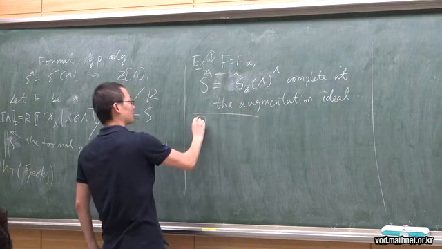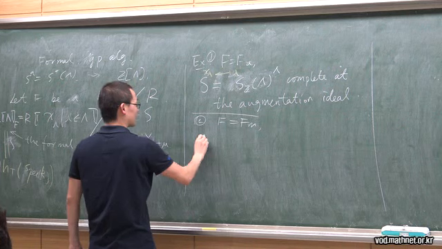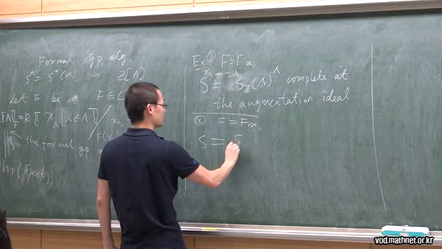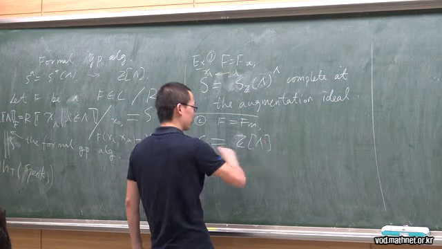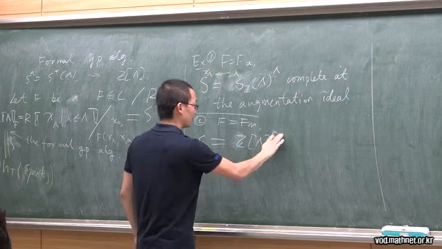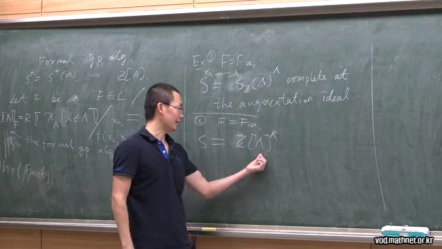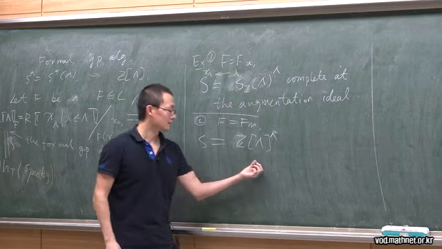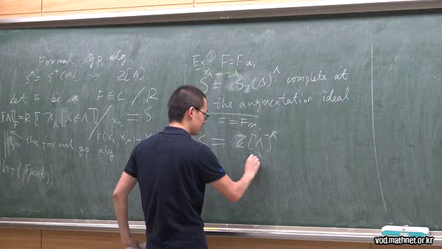Example 1, example 2, F equal to F multiplicative. Then S is a symmetric group ring. Then you complete at the augmentation ideal. So that's a group ring. Again, you can map everything to 0. Then here you have e lambda. That's a group ring generated by e lambda.